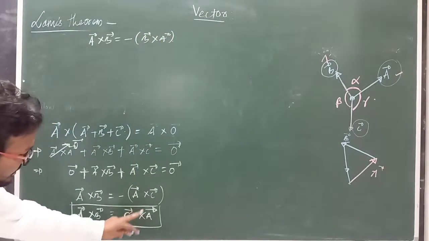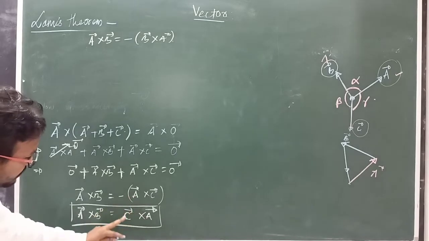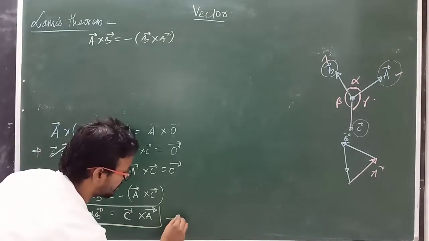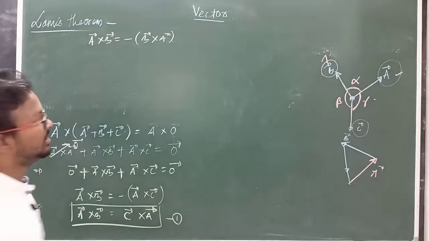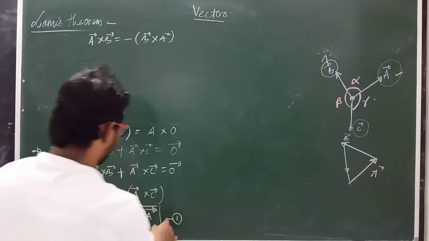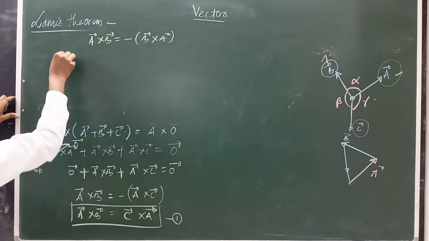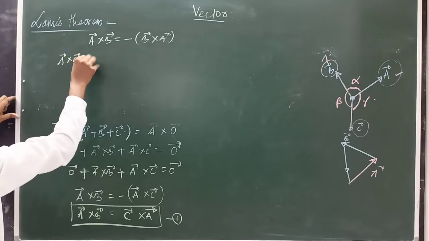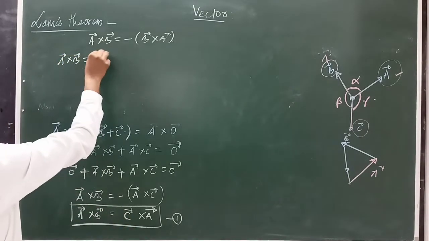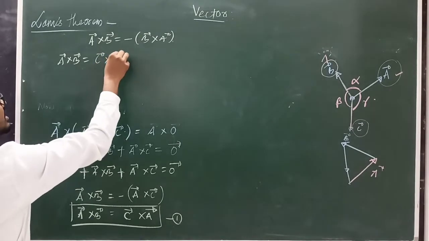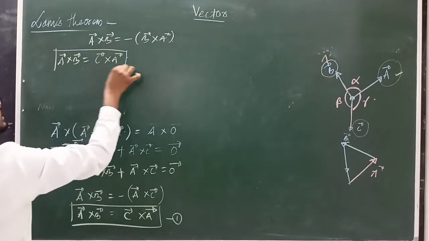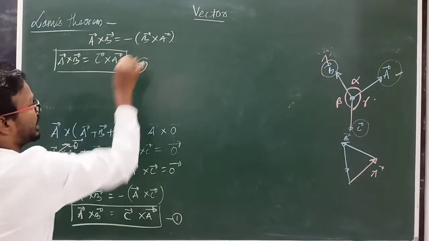So we use this formula: A cross C with a negative sign, we can write as C cross A. This is equation number 1. Clear? Now again I am writing this equation number 1: A cross B vector equals C cross A vector. This is equation number 1.